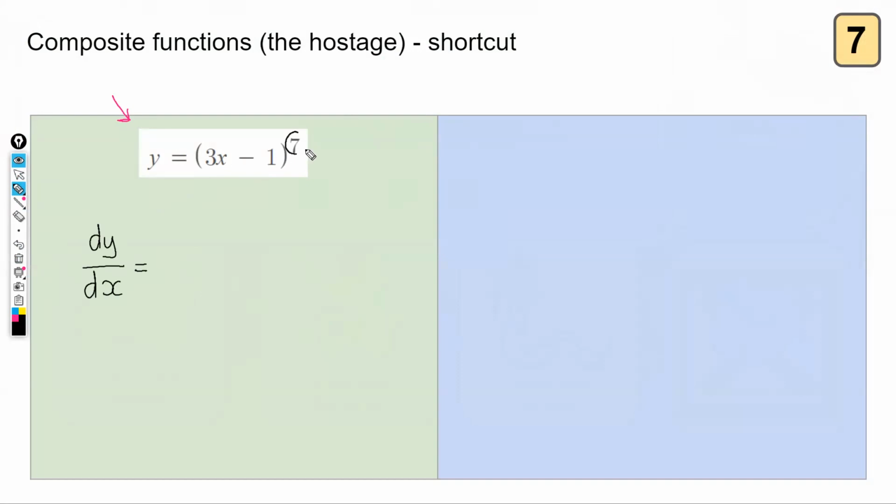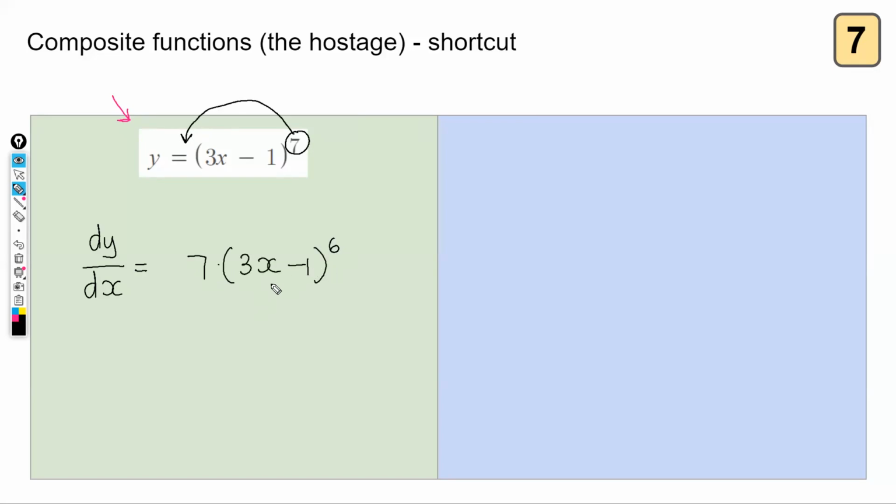All you have to do is throw the power in front as usual. So you throw the 7 in front, and you minus 1 from the power. As normal, so you'll get 6 over here.